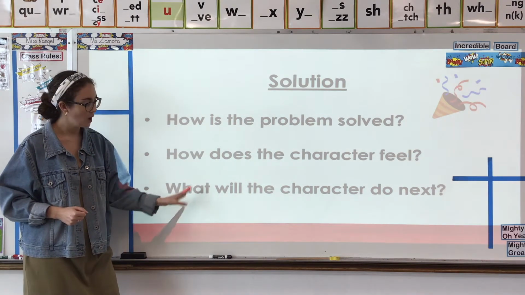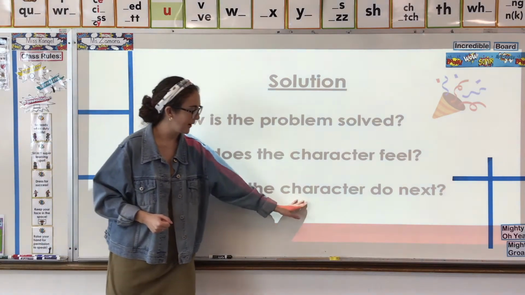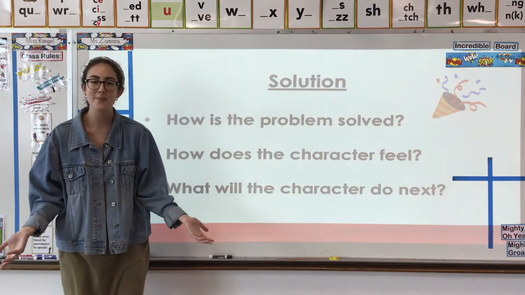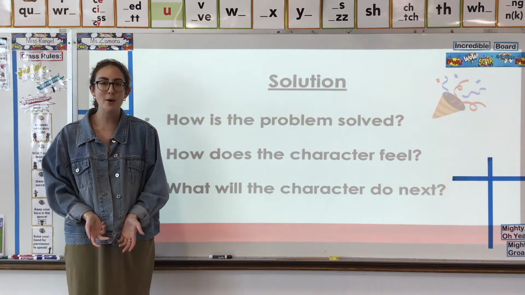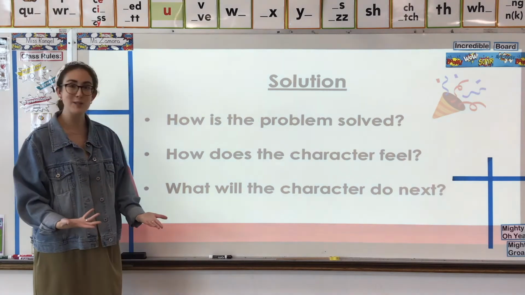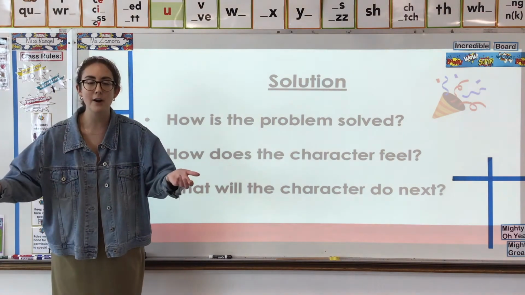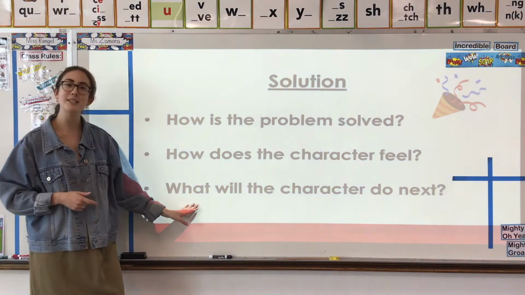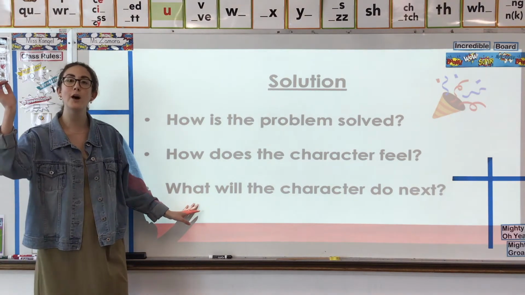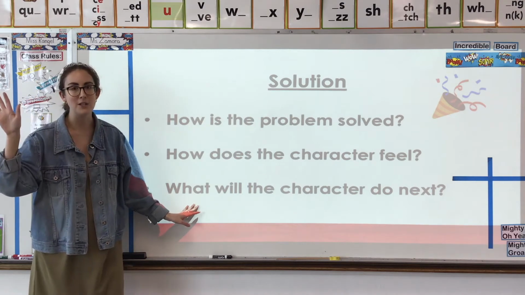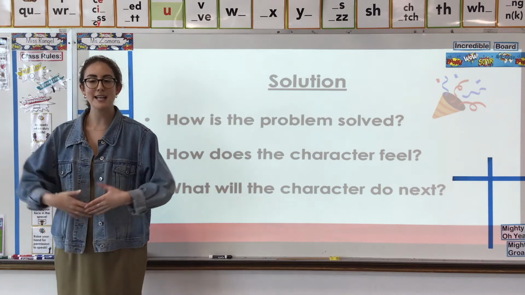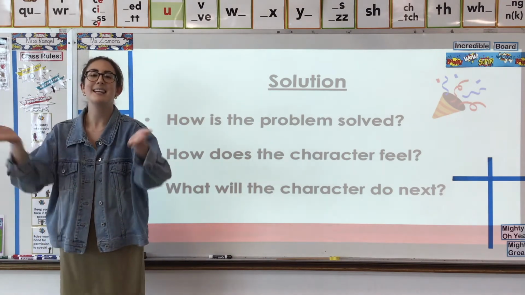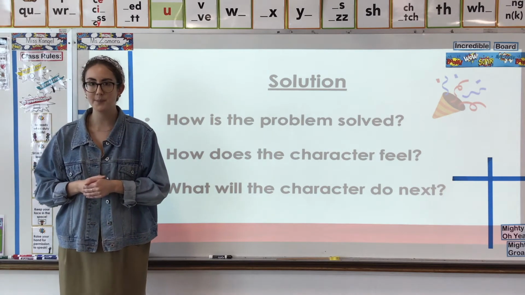Third question, what will the character do next? So even though our story's ending, the problem got solved, so what will your character do with that, because of that? So we're going to end our paragraph with a hopeful note, painting a lovely picture that our character is going to do something next now that the problem is solved.